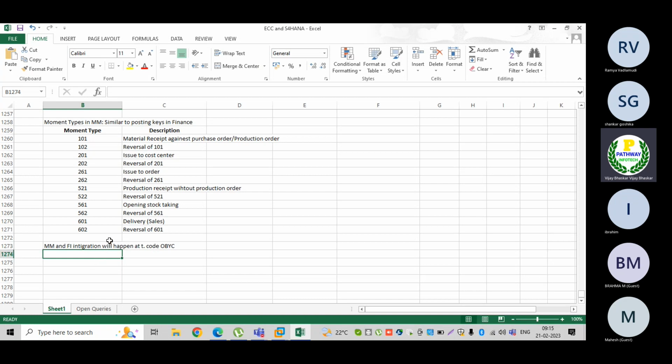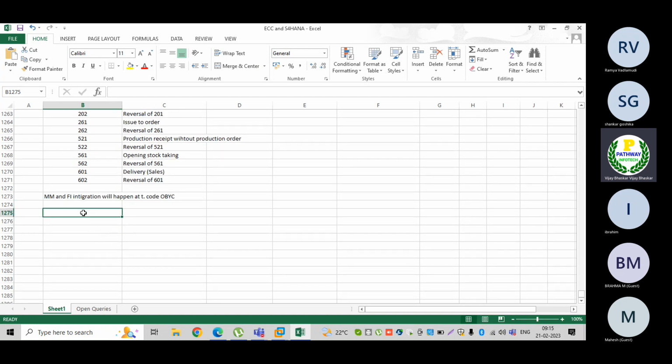Then let us see the transaction keys. Transaction keys are processing keys. We can say process keys or transaction keys. Here is the transaction key, then the description.